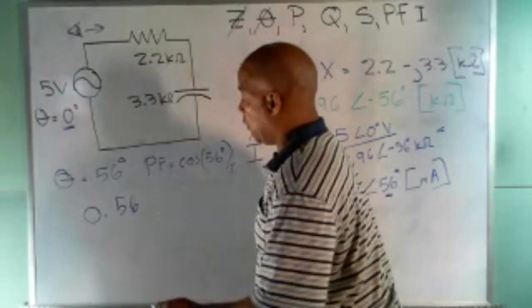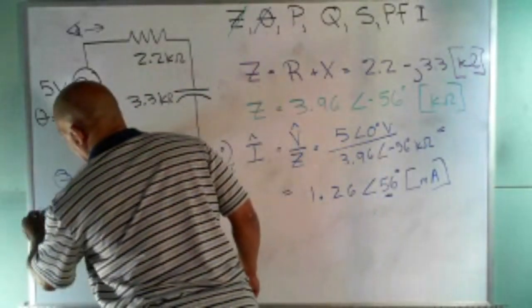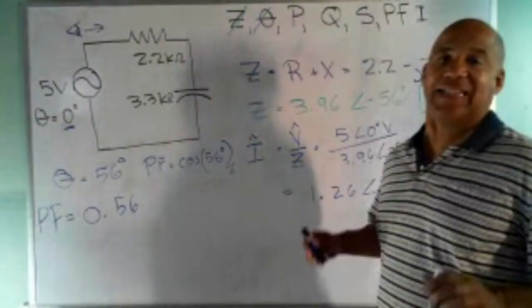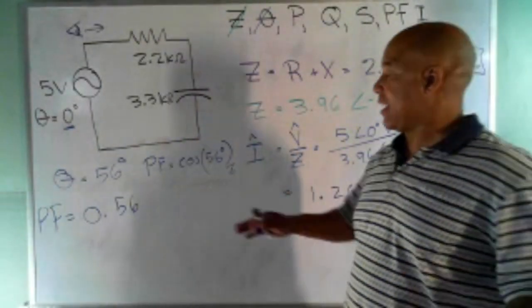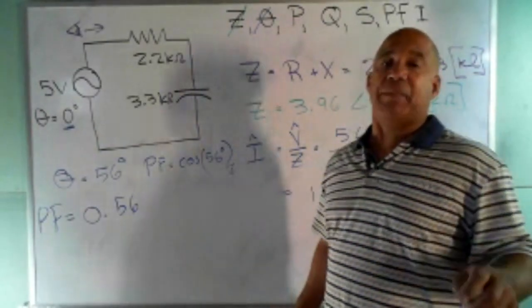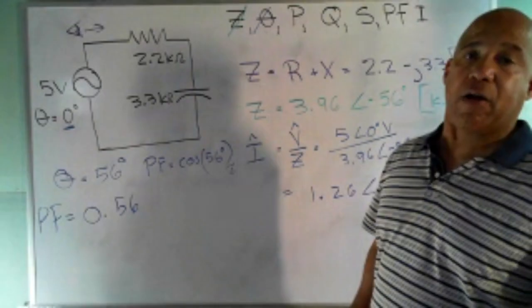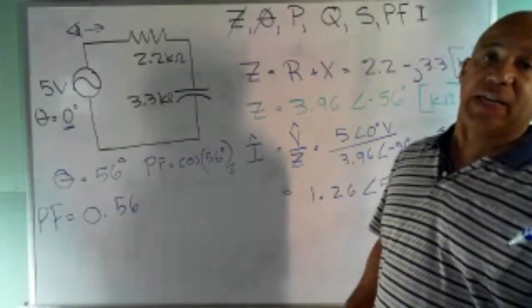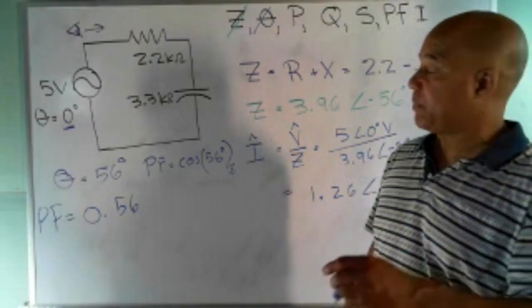0.56. Now, when you give the power factor, I think I said this before, you always have to say leading or lagging. If you just give me 0.56, I'm going to mark it wrong. It's either a leading power factor or a lagging one, and it follows the current. I erased the phasor diagram, but you know the current was leading, and the voltage was 56 degrees behind it.